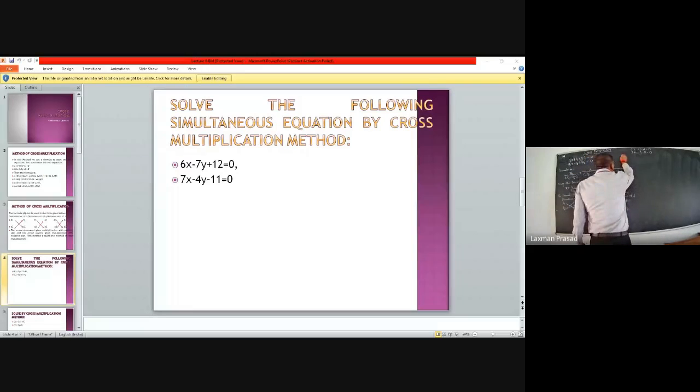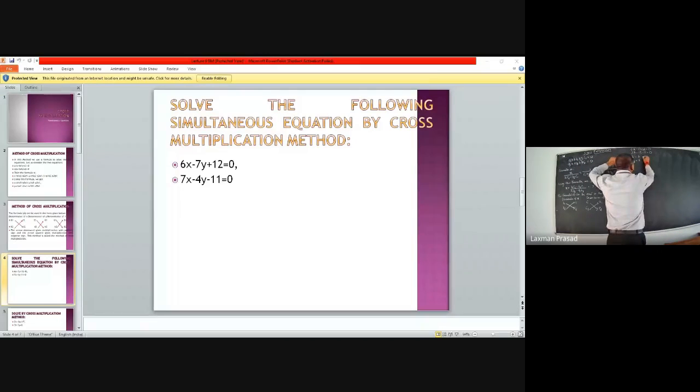So while solving, see, the value of a1 is 6, in front of x. In the same way, the value of a2 equals 7, in front of x in equation number 2.